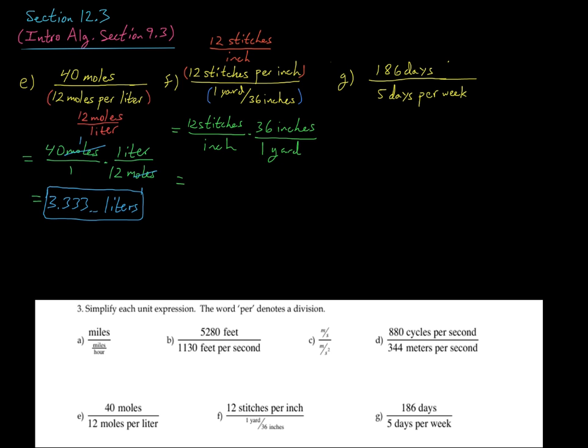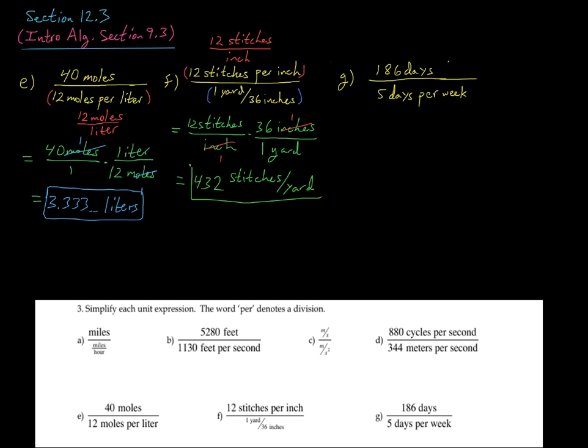Now I can see that the units of inches are going to drop out. Then I have 12 times 36, that's 432, and the units are stitches per yard.